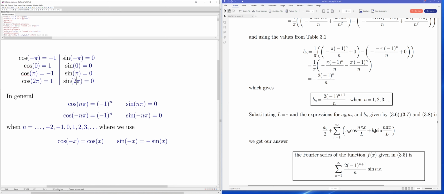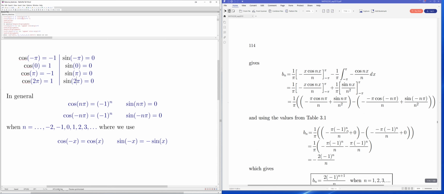All I'm going to be left with is sine terms, so that's why I just have sine terms here. L is equal to pi, so this pi in the denominator will cancel with the pi in the numerator, so I have sine nx. And then finally I put in what the bn is. The bn is 2 times minus 1 to the n plus 1 on n. So I put that in here. So again, the an is just equal to 0.